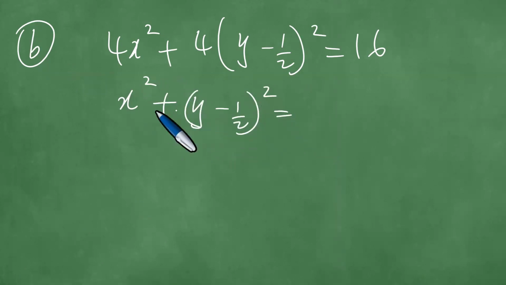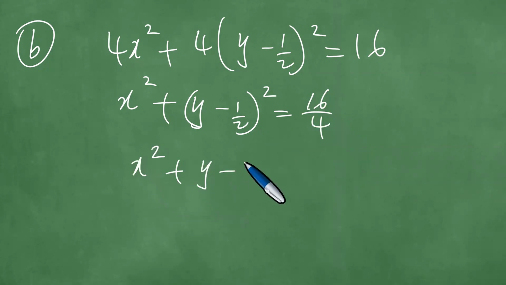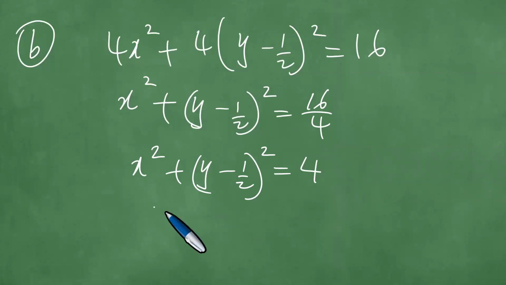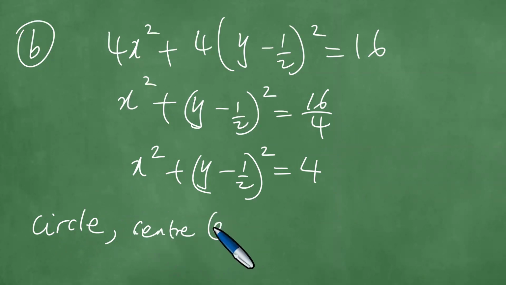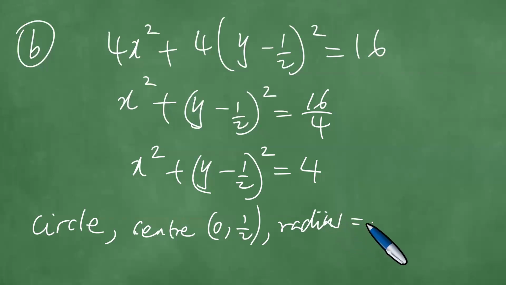We're trying to simplify it to something that we know from school, the basic shapes. Because the coefficients are 1 and 1, it becomes a circle with center 0, 1/2 and radius equals the square root of 4, which is 2 units.